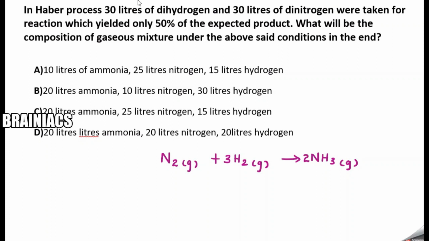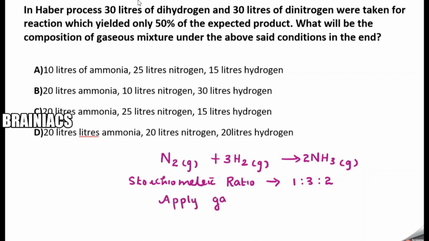If you write the stoichiometric ratio of this equation, it is 1 is to 3 is to 2. Correct? Now, here we can apply Gay-Lussac's law of combining volumes because all the reactants and products are in gaseous state.